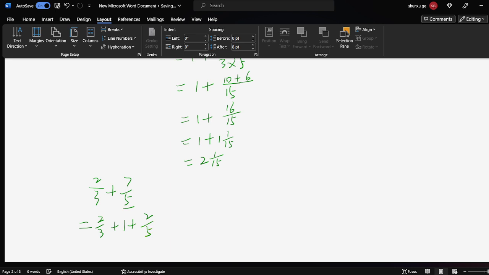Okay, what does that mean? For example, pizza. 1 group of pizza, second group, third group. Okay, I show you what the pizza is. So that means we add them together.